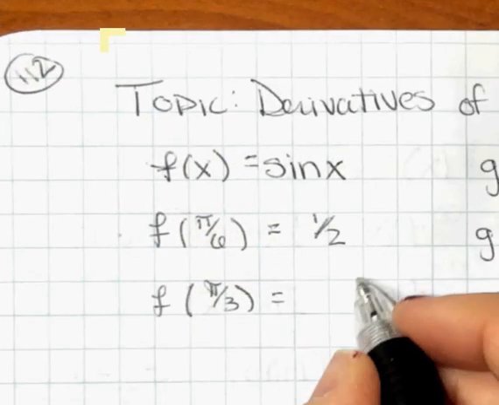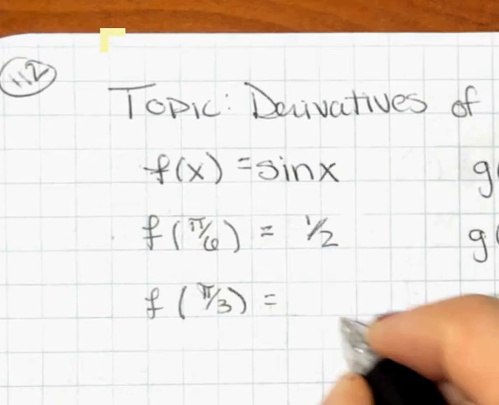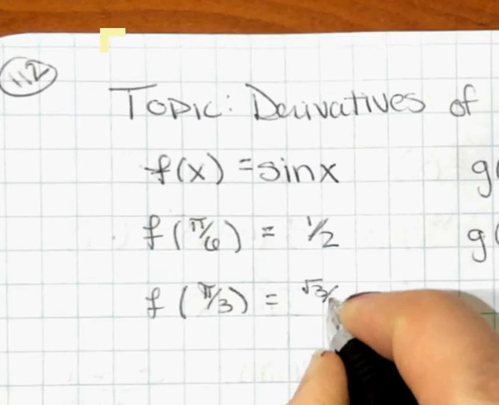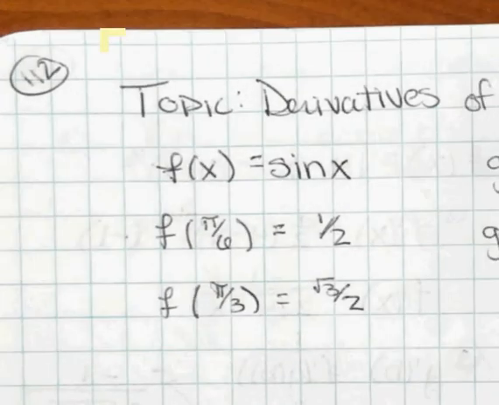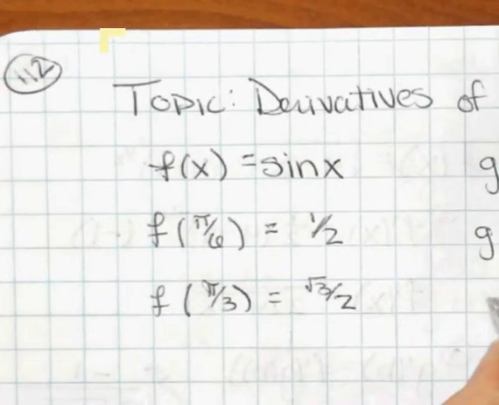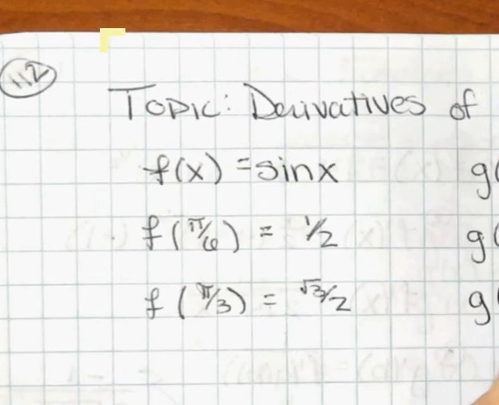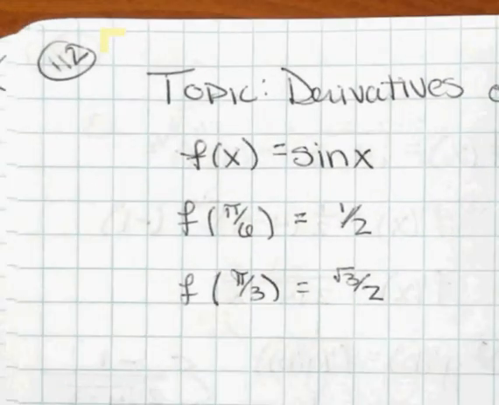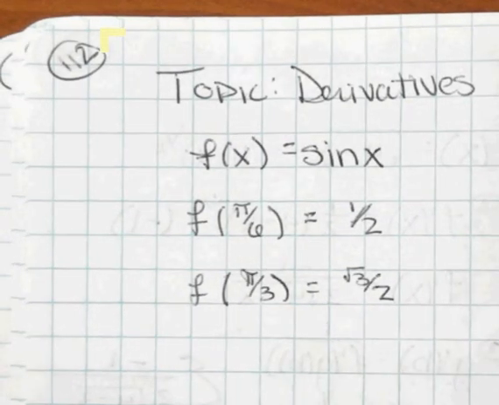Radical 3 over 2. Therefore, let's change it up. I'm not going to put radical 3 over 2. Let's say g is radical 2 over 2. This is kind of hard for us to remember, but what's radical 2 over 2? It's pi over 4.